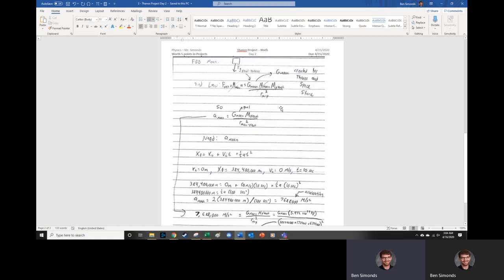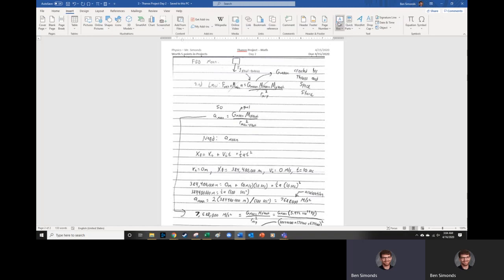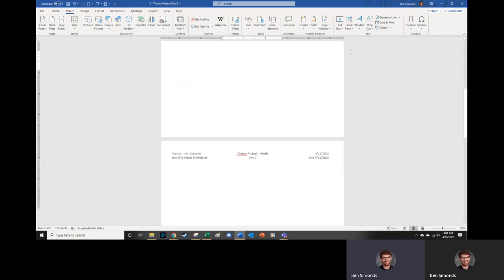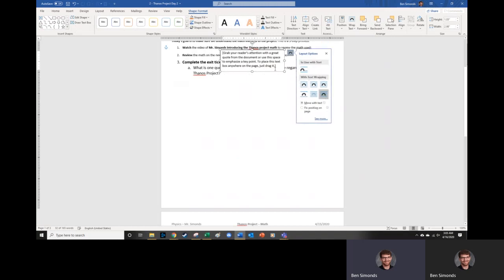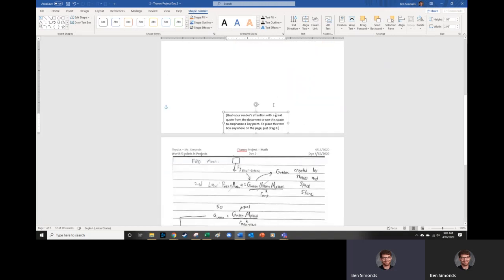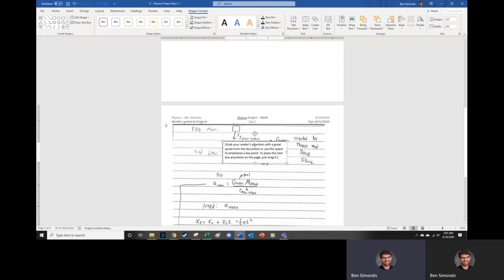Because remember, G is not 6.67 times 10 to the negative 11th here. I think that's worth inserting a text box. It's still worth it. I know right now it doesn't seem worth it. G is not 6.67 times 10 to the negative 11th right now.